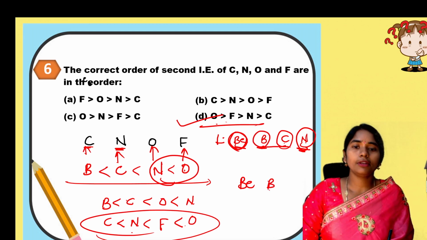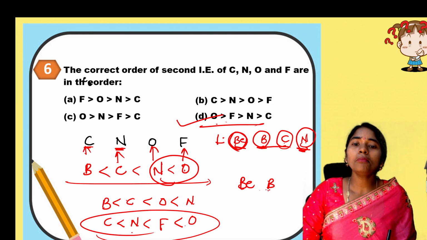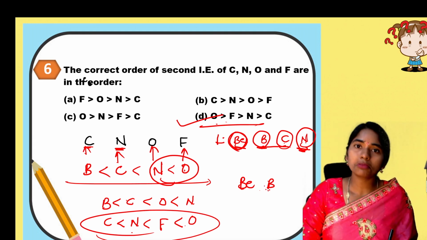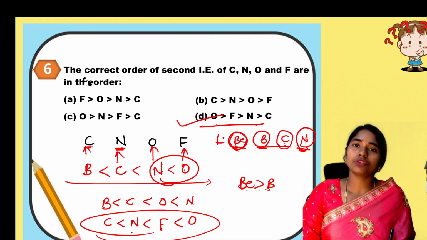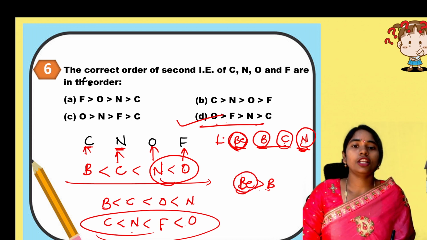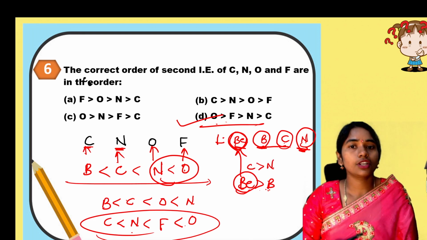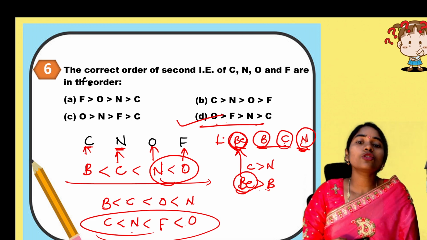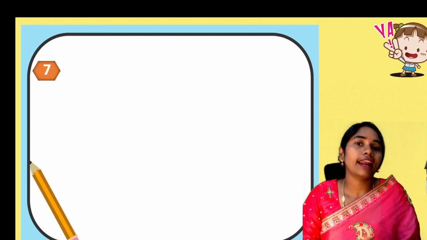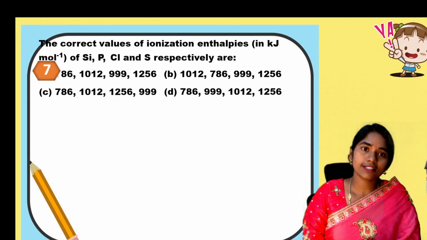So compare these 2 elements. Between beryllium and boron, which electronic configuration is more stable? Beryllium is more stable, so beryllium's ionization energy is more. That is carbon's one, right? So IE3 of carbon is more than IE3 of nitrogen. In this way, you can solve it without writing any electronic configurations.